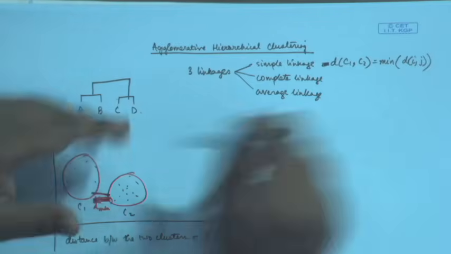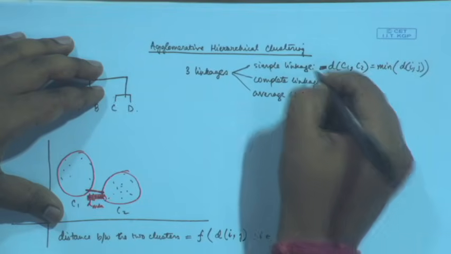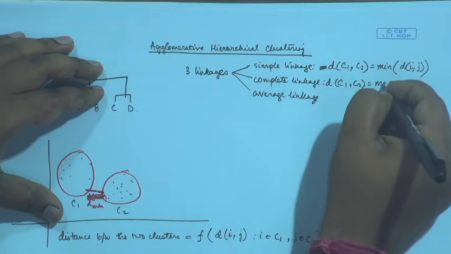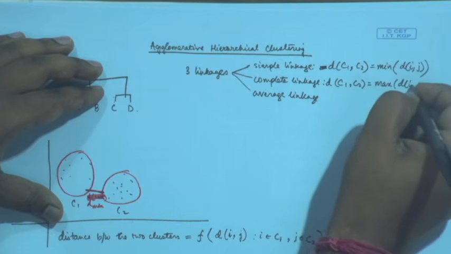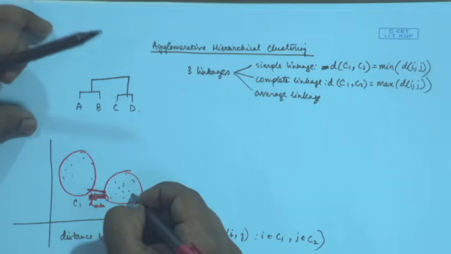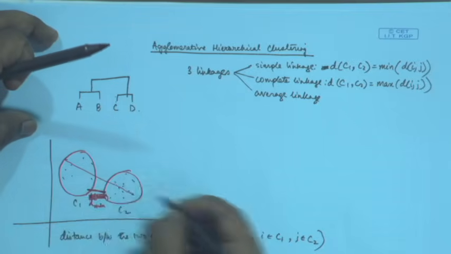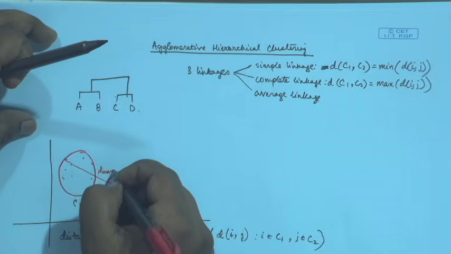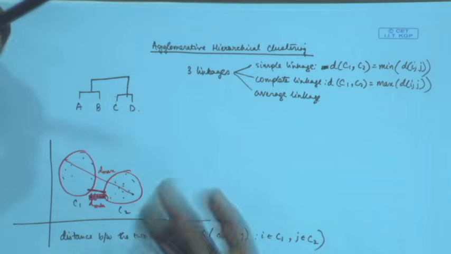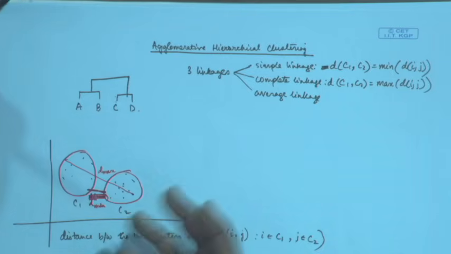Then in the complete linkage algorithm, this distance is calculated as the max of the dij's. So the farthest two points, this point and that point, the distance between them, d max, is used as the distance between the two clusters.